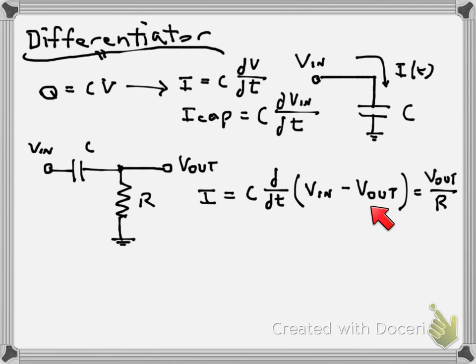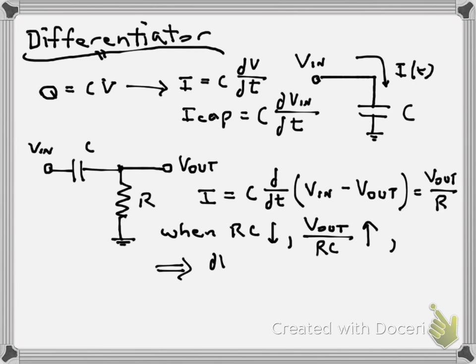Because it's the rate of change of the voltage across the capacitor, which is V in minus V out. And so I've got this extra little piece to deal with now. And all of that, of course, is equal to this current, which is just the same as V out over R is also equal to this current. Okay, so that looks promising. Let's see what we can do next.